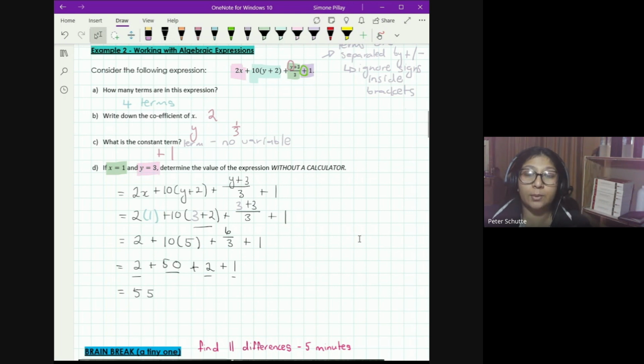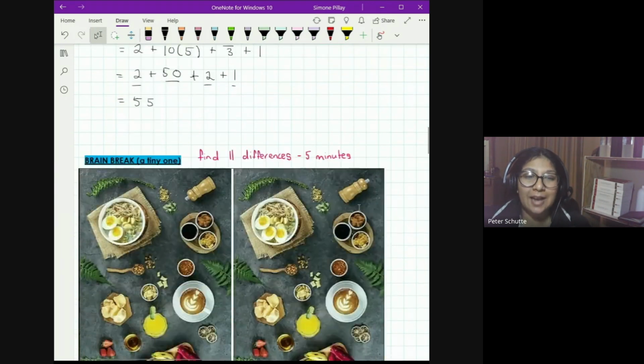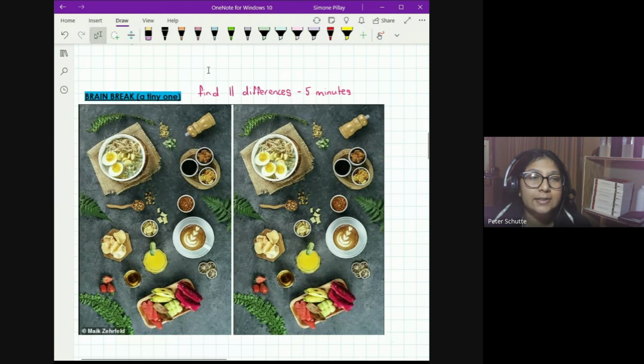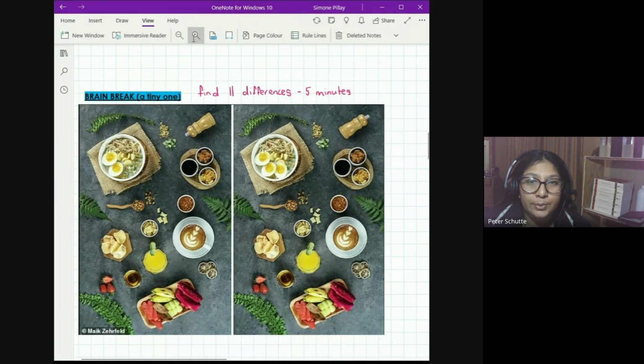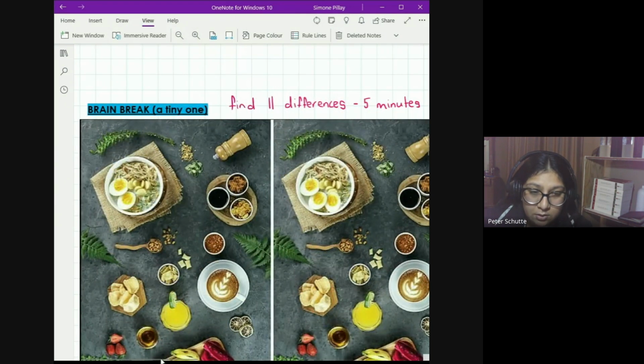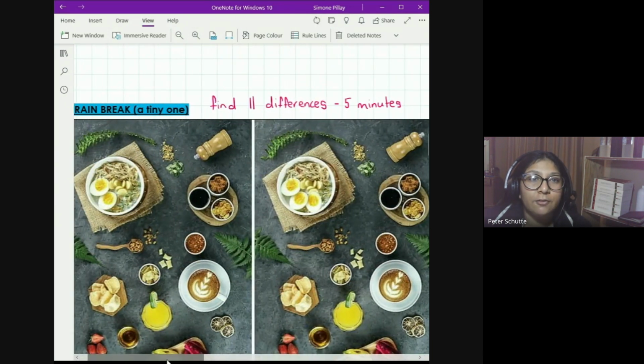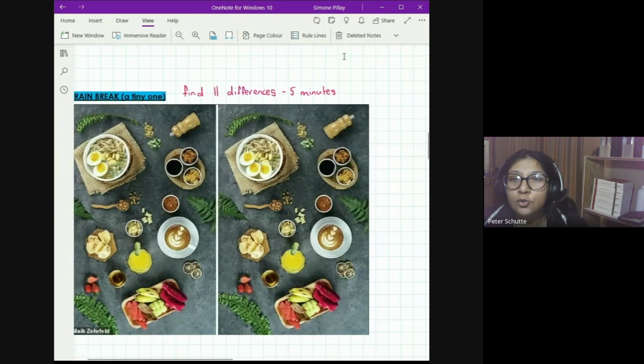Moving into our brain break, like I said, a tiny one. Also, I didn't expect us to be using meat. So I don't know if this is going to fit. No, it's not. So you guys, can you let me know in the chat, can you zoom in on my screen?